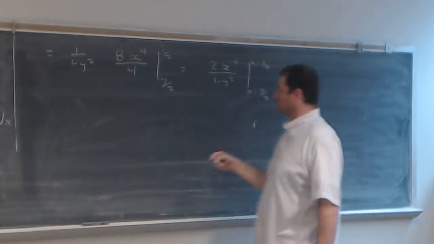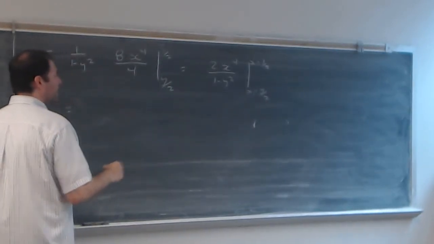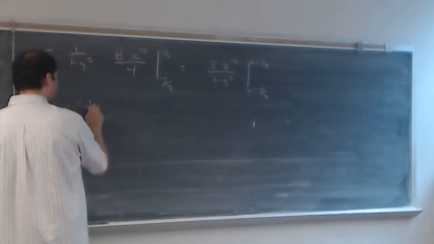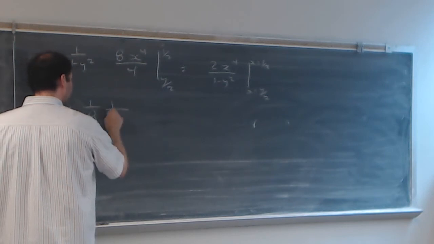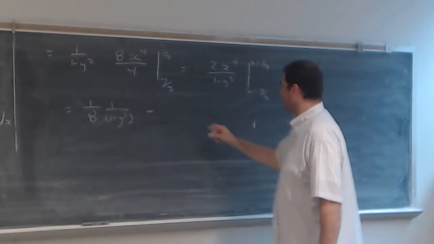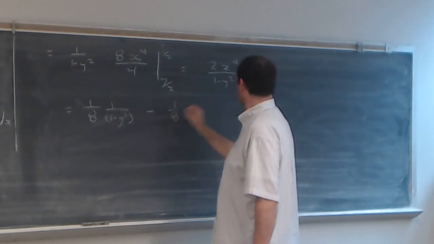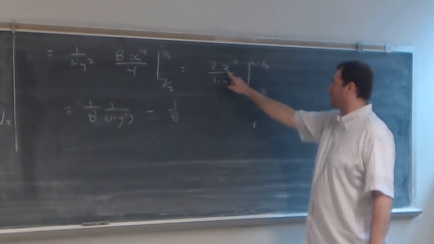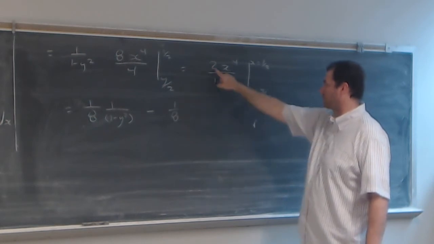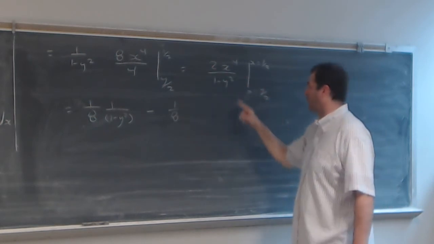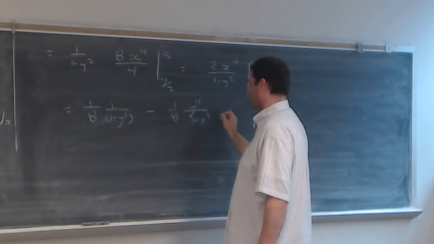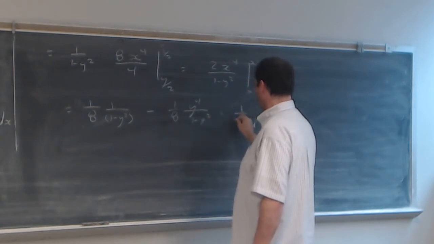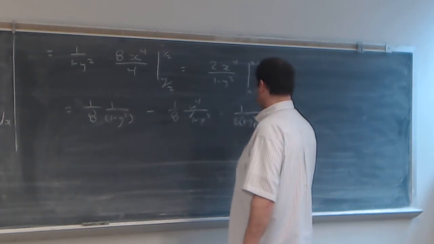If I stick in 1/2 first, the 1/2 to the 4th times the 2 gives 1 over 8, times 1 over 1 minus y squared. Minus, when I stick in y over 2 and raise it to the 4th power, the 2 is raised to the 4th but has a 2 in front, so that makes 8 in the bottom: y to the 4th over 8 times 1 minus y squared.